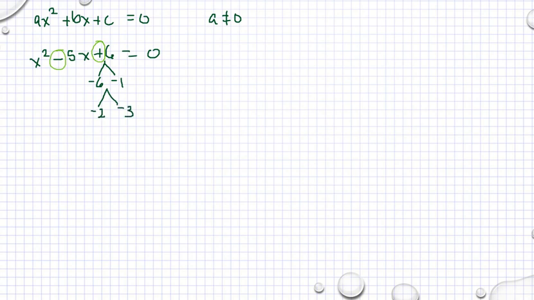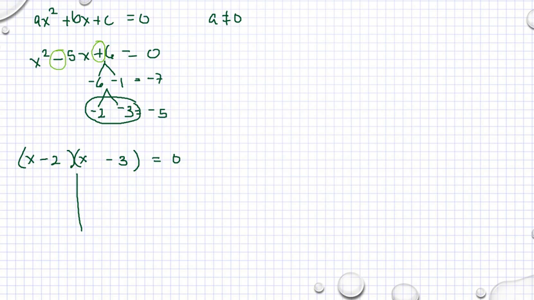When I add the first pair, this is negative 7, and when I add the second pair it is negative 5. That means this is what I'm going to use. I have x squared, x, and another x there, and then we have negative 2 and negative 3 is equal to 0. Then we're done. We only put both of them equal to 0.